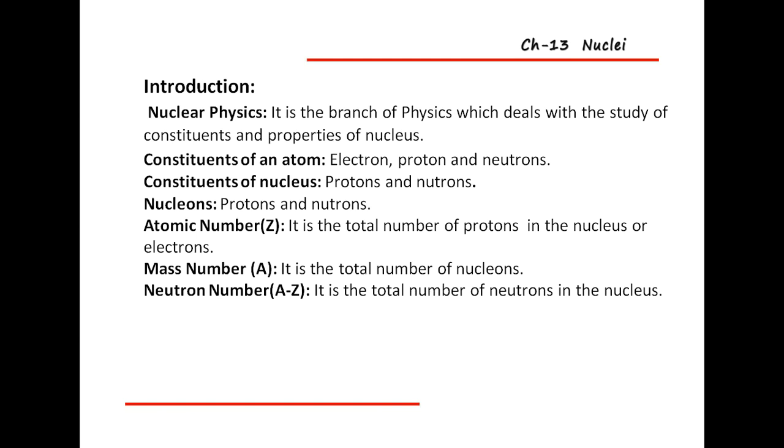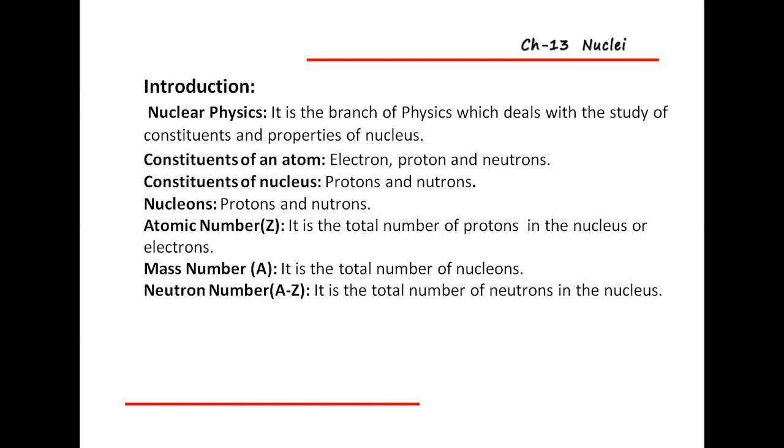Protons and neutrons together are known as nucleons. So the constituents of atom are electrons, protons and neutrons. Constituents of nucleus are protons and neutrons, and nucleons are also the protons and neutrons.